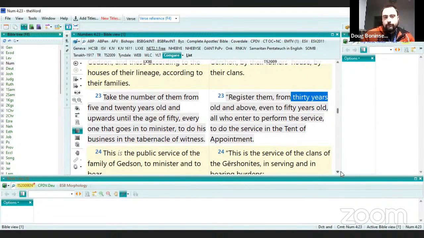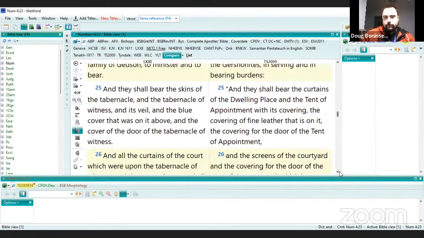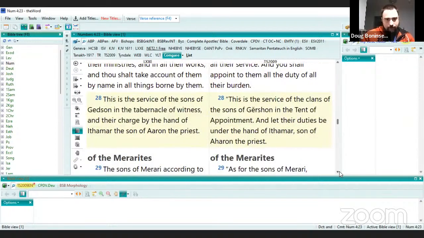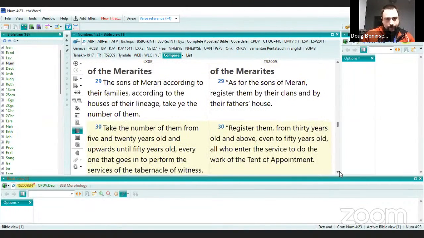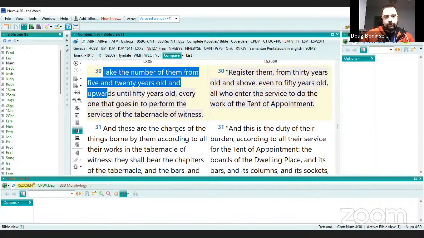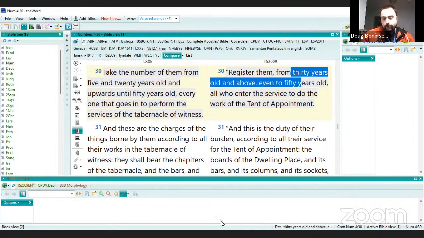Then we're going to go to the last one in this chapter, and I'll go to Numbers 8 and show you the problem. If it says 30 here, you're going to have a problem in Numbers 8. Take the number of them from 25 years old and upwards until 50 years old, everyone that goes in to perform services in the tabernacle of witness. Again, the ISR has it as 30 instead of 25. Now Numbers 8:24.